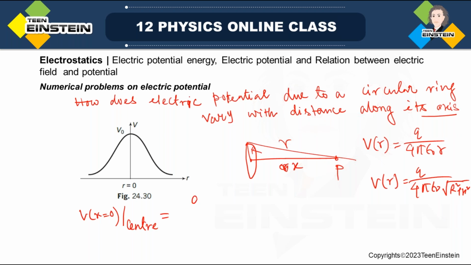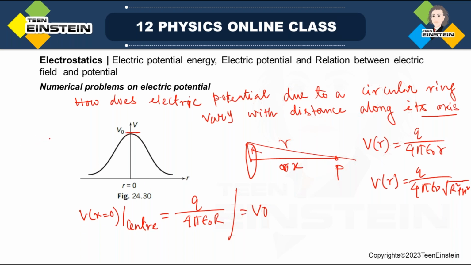So that will be Q by 4 pi epsilon naught R. So this is actually the maximum value of the electric potential at the center, this is V0, say. On either side, when the distance increases, the potential due to the ring decreases.